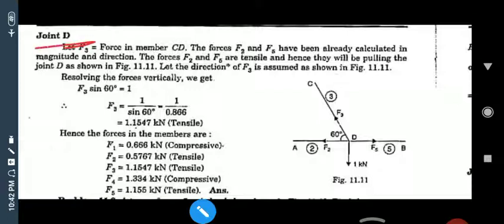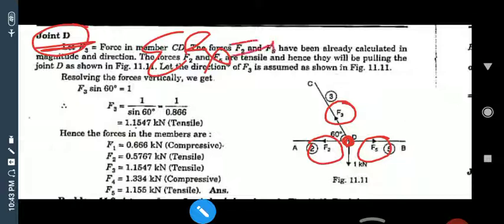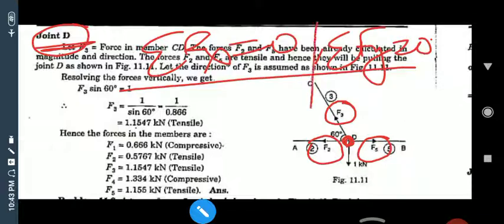In a similar manner we will consider joint D and draw the free body diagram. As we have already obtained F2 here and F5 here, only this force is remaining, so we will solve for joint D. Again the same conditions, summation Fx equal to 0 and summation Fy equal to 0. We will go on solving, then we will obtain F3 in member CD.